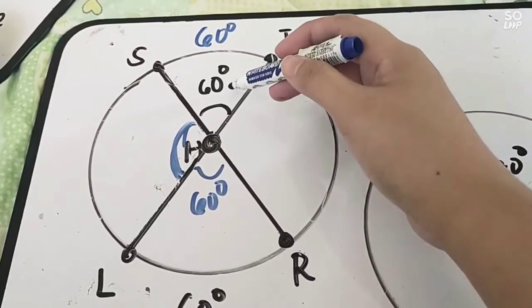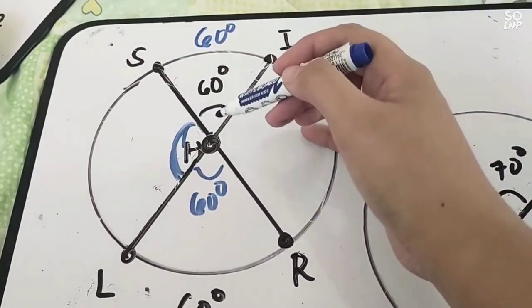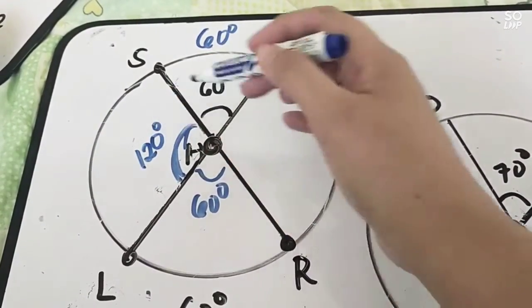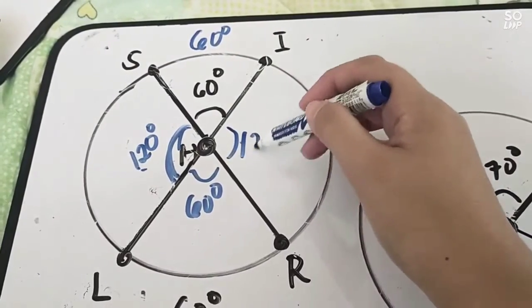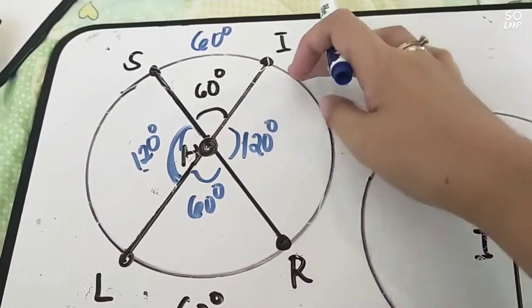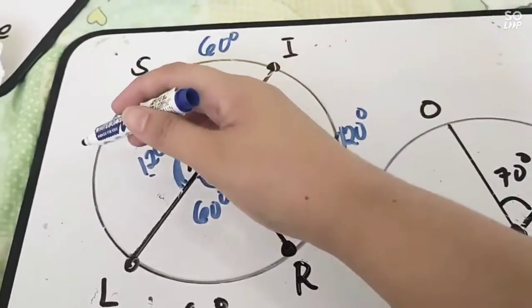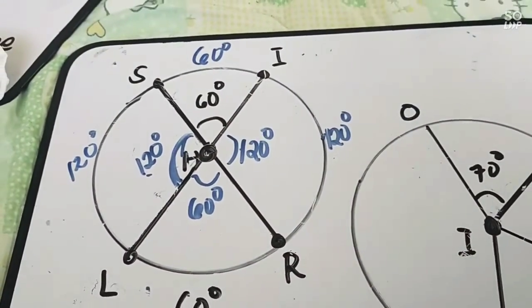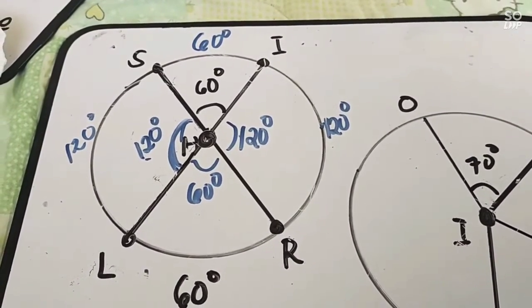So, meron ka ng 60, para makuha mo yung kabilang side, subtract mo lang siya sa 180. That is 120 degrees. And this one, vertical ulit ito, therefore, 120 degrees din ito. So, since ito ay central angle, this arc is also 120 and this one is also 120 degrees.